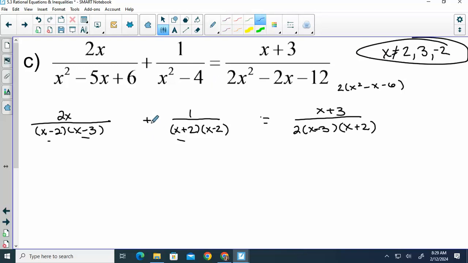So now to cancel the denominators. For the first fraction, we have to multiply by x minus 2, x minus 3. Those drop.